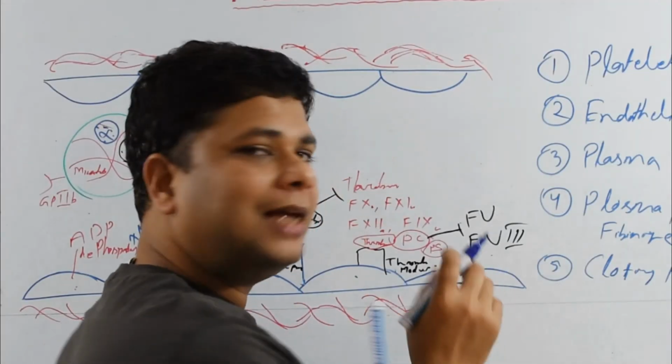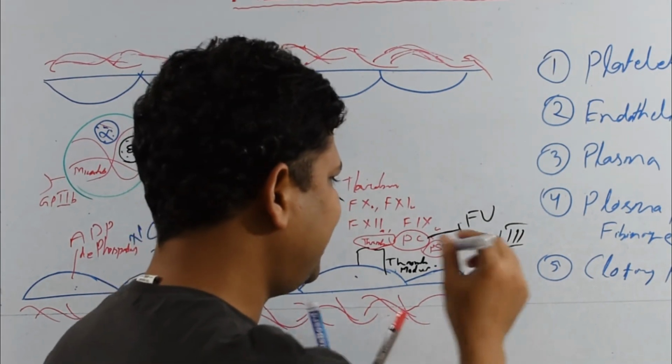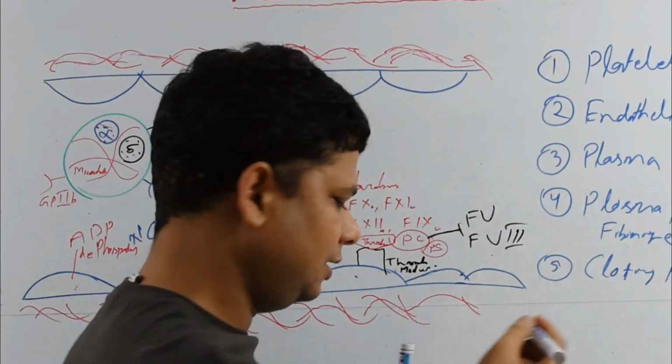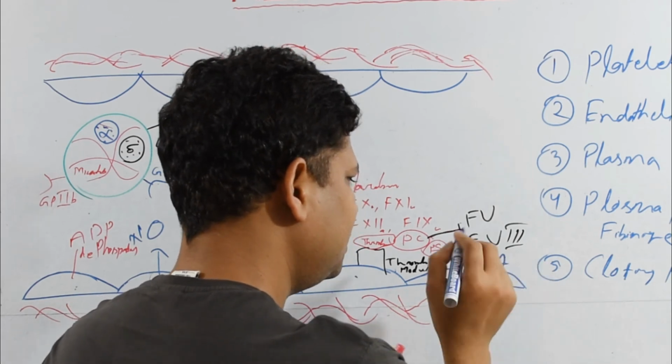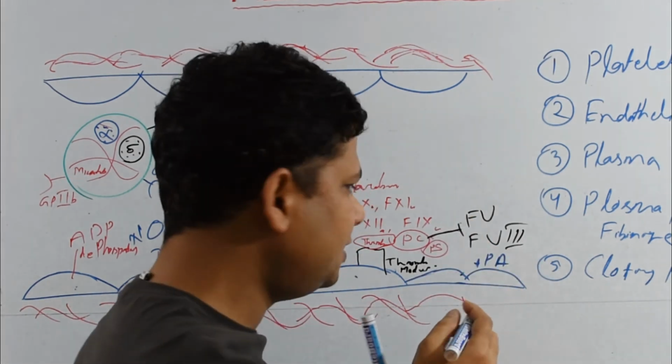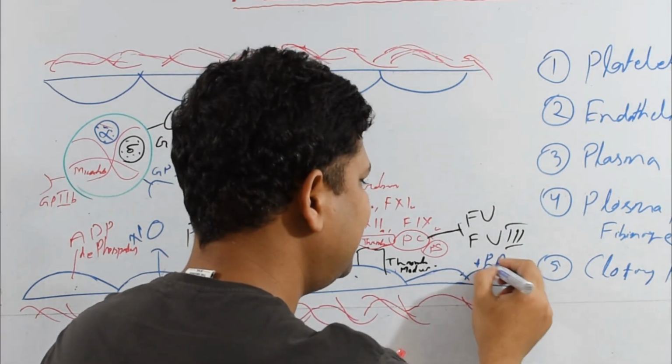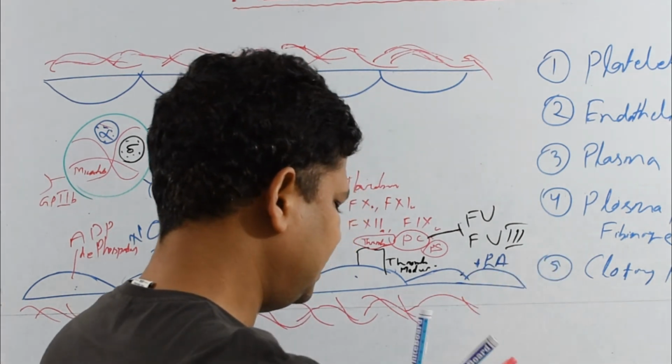There is another factor secreted from endothelial cells, called TPA, tissue plasminogen activator. What does it do?